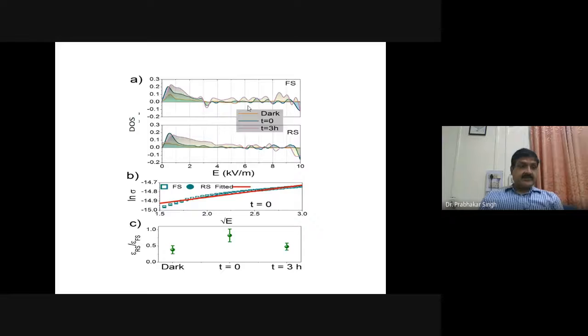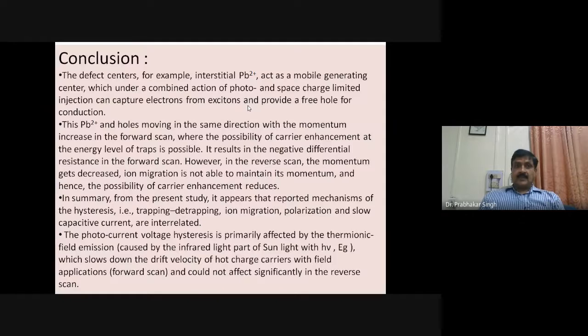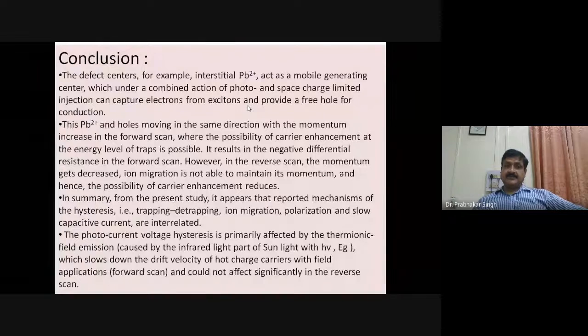We calculated the density of states, and from the same we also calculated epsilon, that is the dielectric constant. And now I conclude, of course, the defect, for example interstitial lead, acts as a mobile generating center, which under a combined action of photo and space charge limited injection can capture electrons from excitons and provide free holes for the conduction.